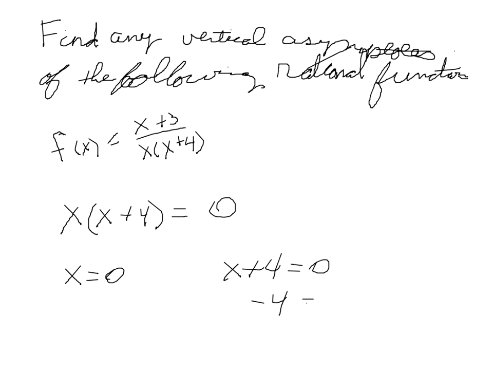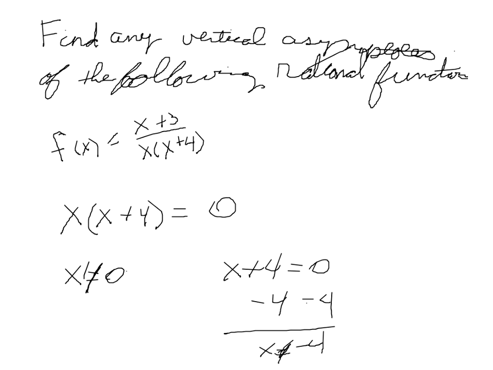And from here, I get that x equals minus 4. So those are where the denominator is equal to 0. So I put a slash there. So x should not be equal to 0, and x should not be equal to negative 4.